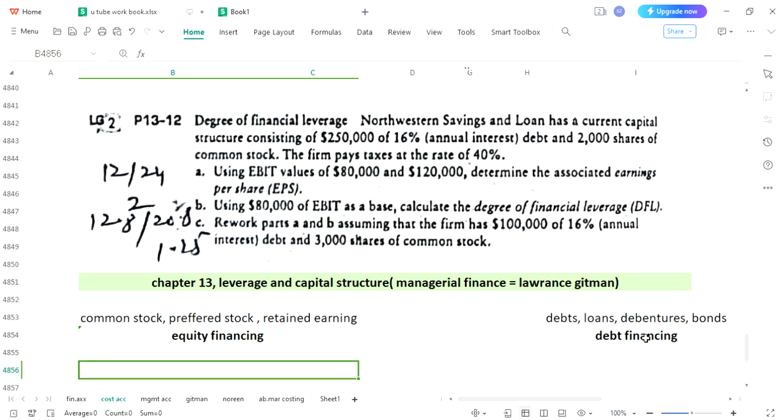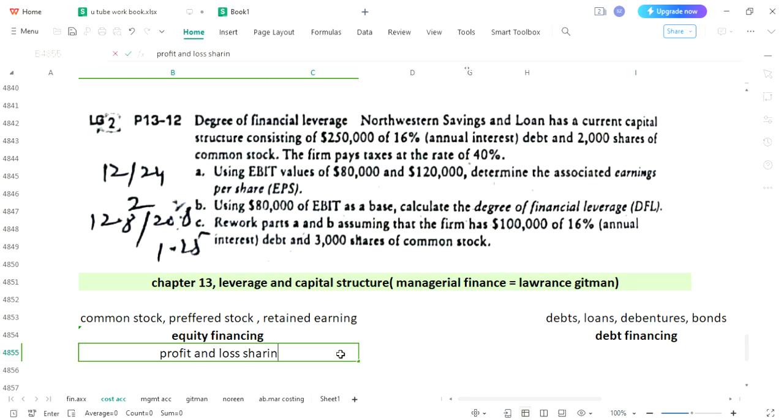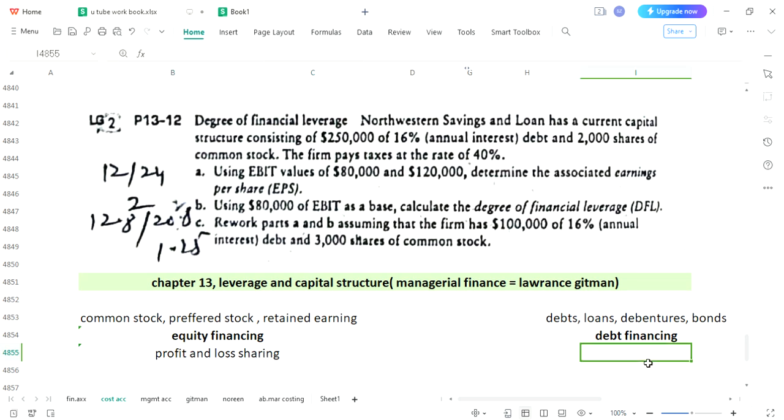The difference between these two is basically the profit. When you have equity financing, profit and loss sharing is the base of this investment from the public. In debt financing, there is no profit and loss sharing; rather, you as an organization are liable to pay an amount of interest which is fixed.